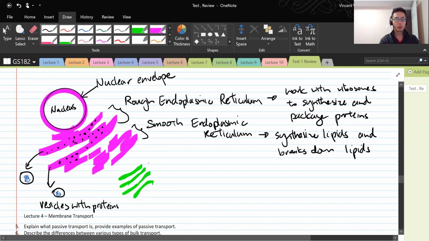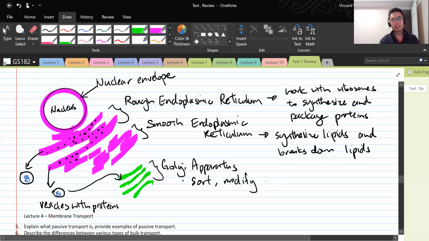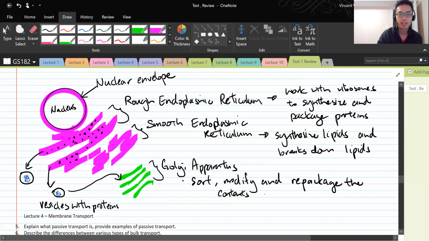Okay, those are your Golgi apparatus. Okay, they will receive the vesicles. They will package, they will sort, modify, and repackage the vesicles, the proteins, the contents of vesicles.